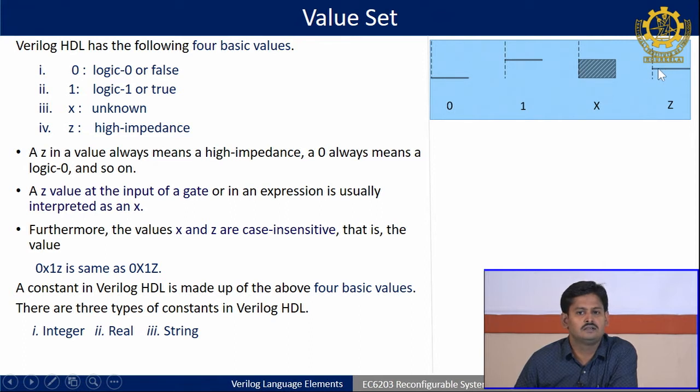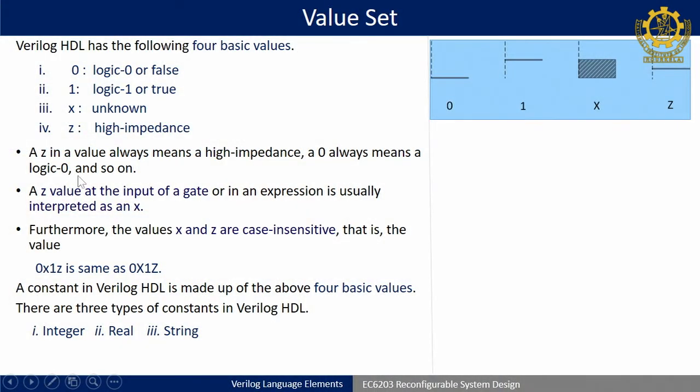And Z is the state which is called the high impedance state. Mostly the output will drive to Z in tri-state logics, like we will see in the gate level modeling style. We have discussed AND and NOR. Those mostly will not drive output to Z, because those will always possess either 0 or 1 or sometimes X depending upon the input.